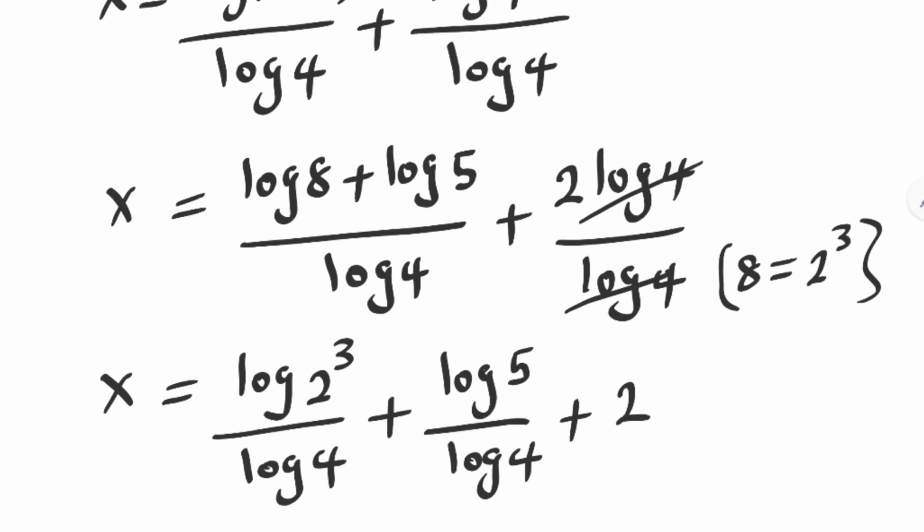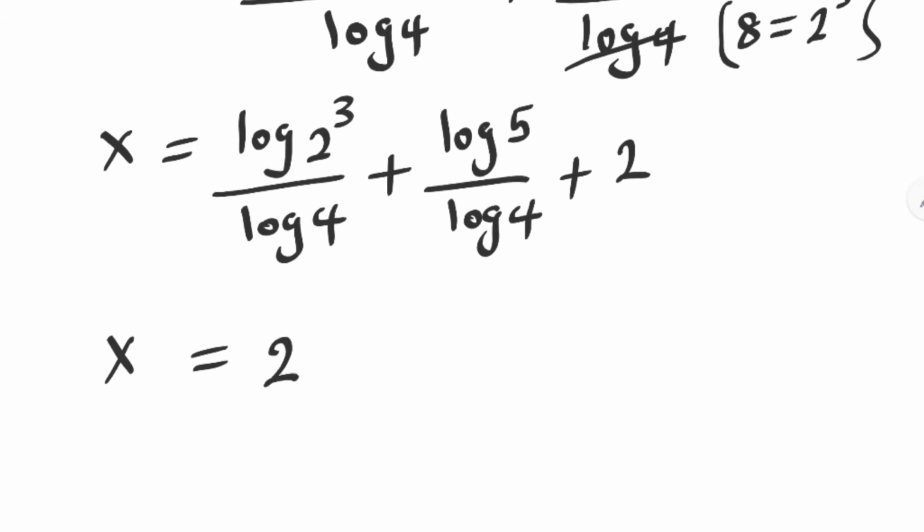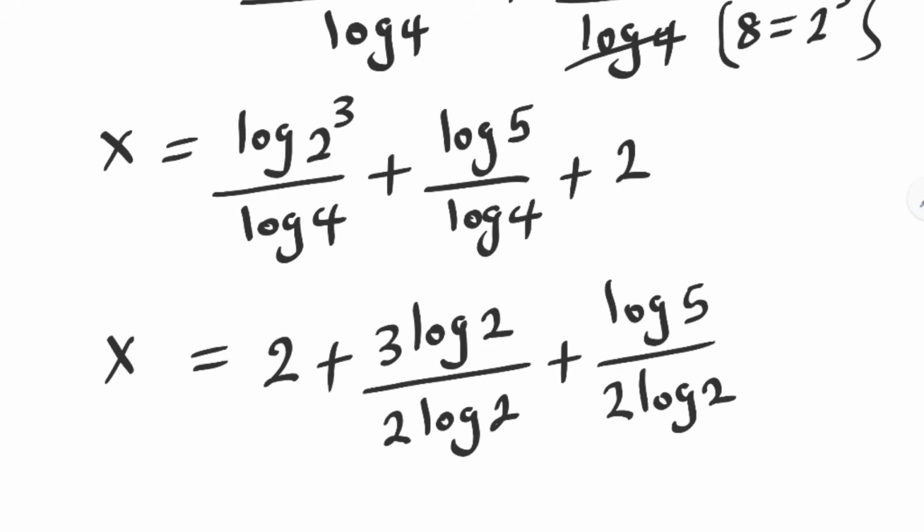Now if you rearrange this, we have x is equal to 2 plus, this is 3 log 2 over log 4, which can be written as 2 log 2, plus log 5 over 2 log 2.